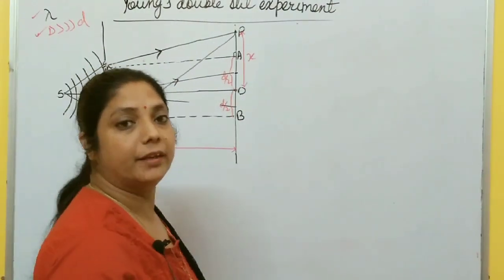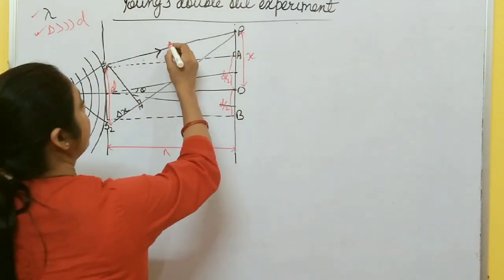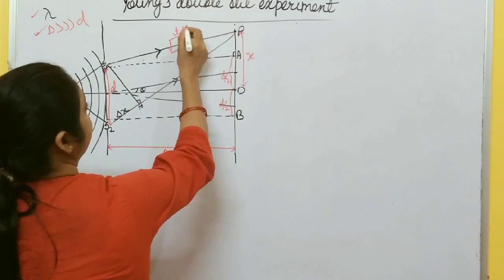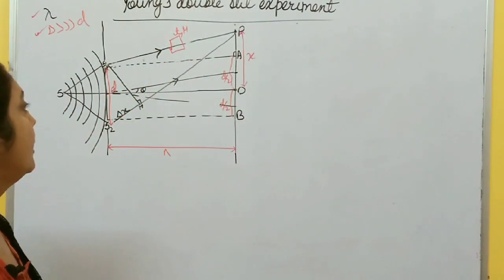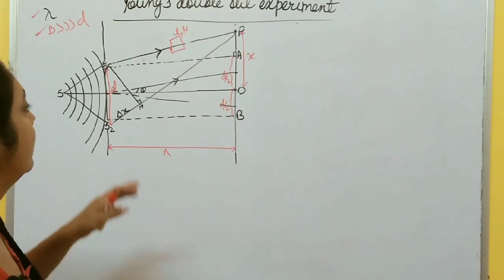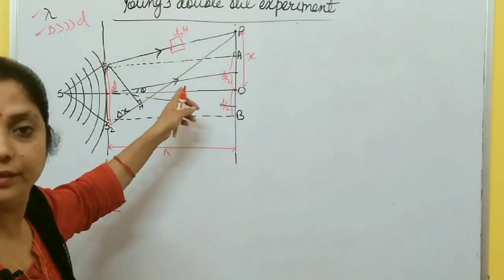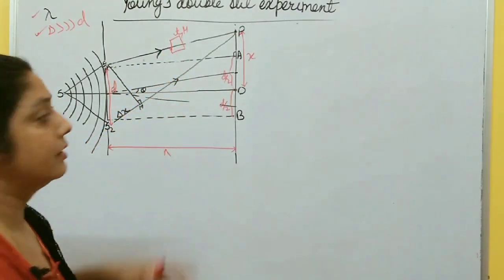Okay, one more thing. Suppose we introduce one transparent thin sheet of thickness t and refractive index mu in the path of one of the two interfering beams. Now, what is the effect on the path difference between the two interfering beams when this transparent sheet is placed?